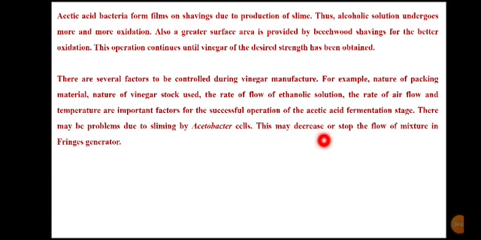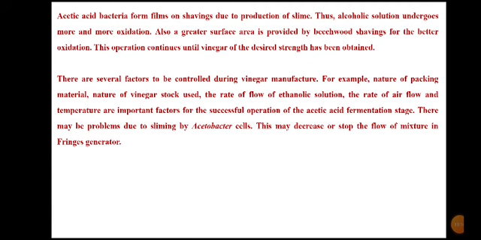This may decrease or stop the flow of mixture in the French generator. That means if there is overgrowth of Acetobacter cells, then there will be more and more formation of slime, and that will block the space or the voidage between the beechwood shavings, and there will be a blockage of the whole column, because this whole column acts as a filtration device also.